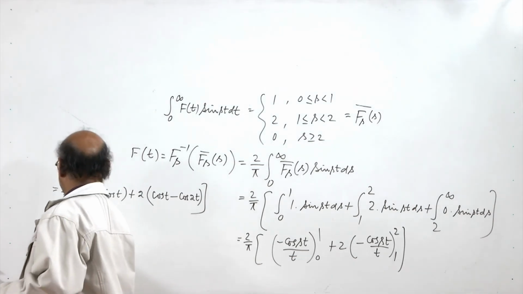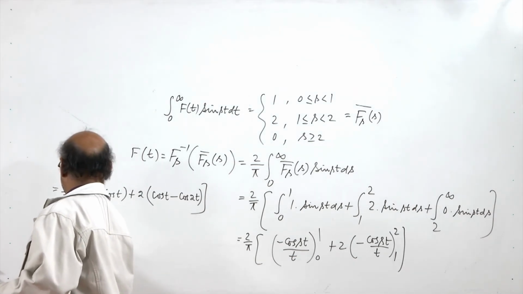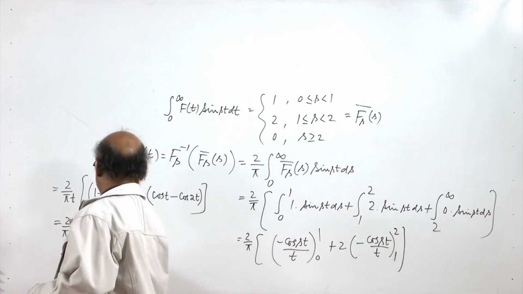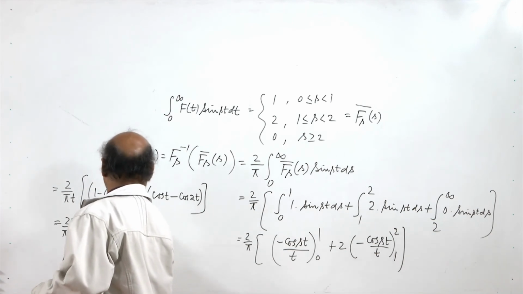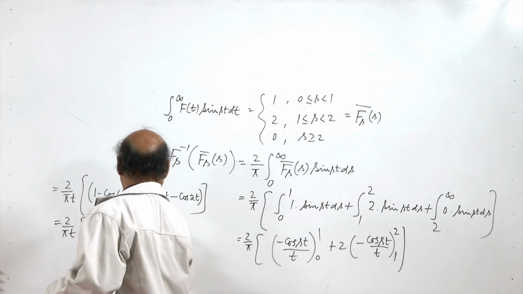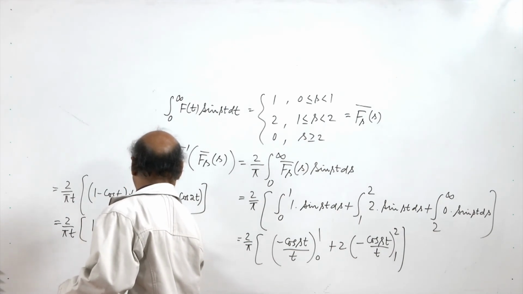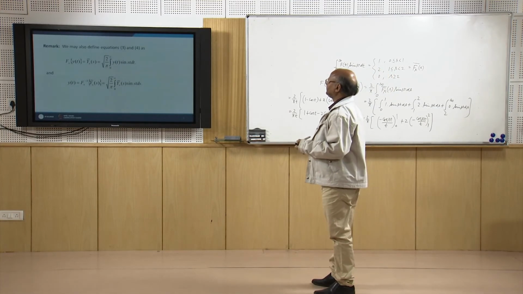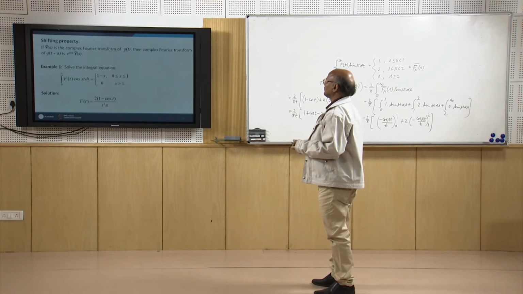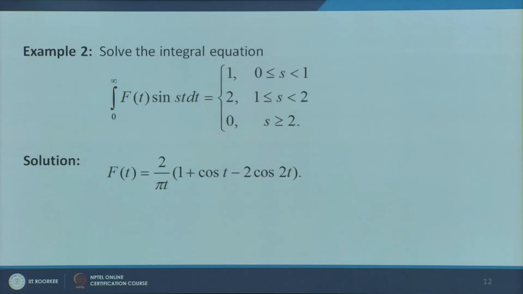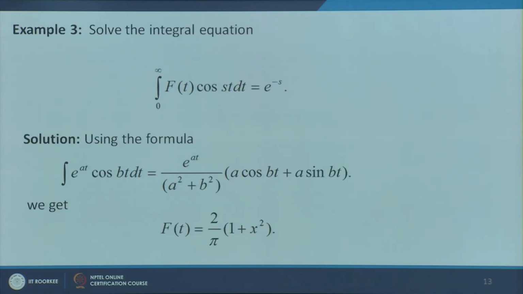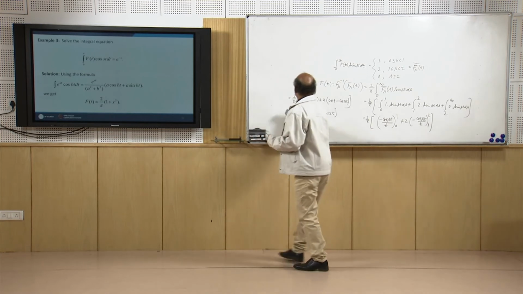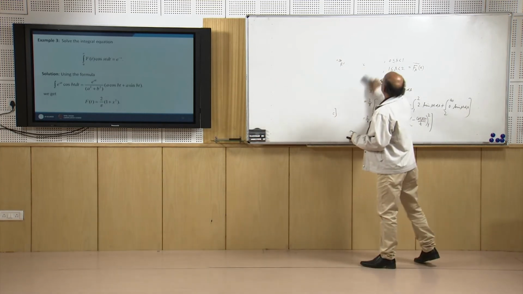So this gives you 2 upon π t times 1 plus cos t minus 2 cos 2t. So this is what we have: f(t) equal to 2 over π t times 1 plus cos t minus 2 cos 2t. Now let us do one more question on this to make things more clear.